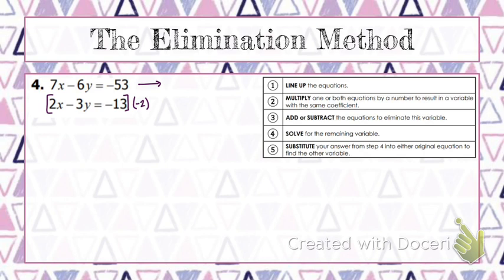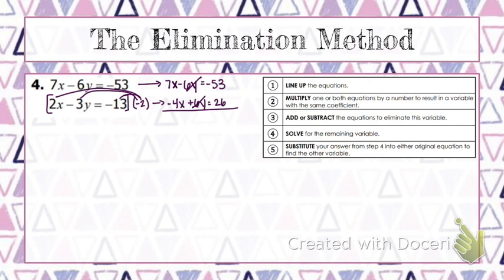So once again, this equation is not going to change. We have 7x minus 6y equals negative 53. In this equation, we're going to distribute the negative 2. So we're going to get negative 4x plus 6y equals positive 26.